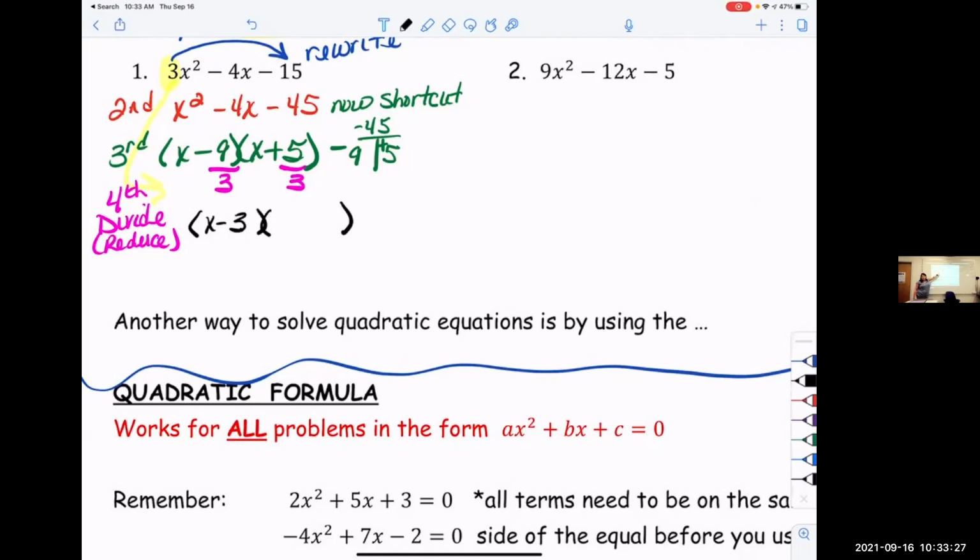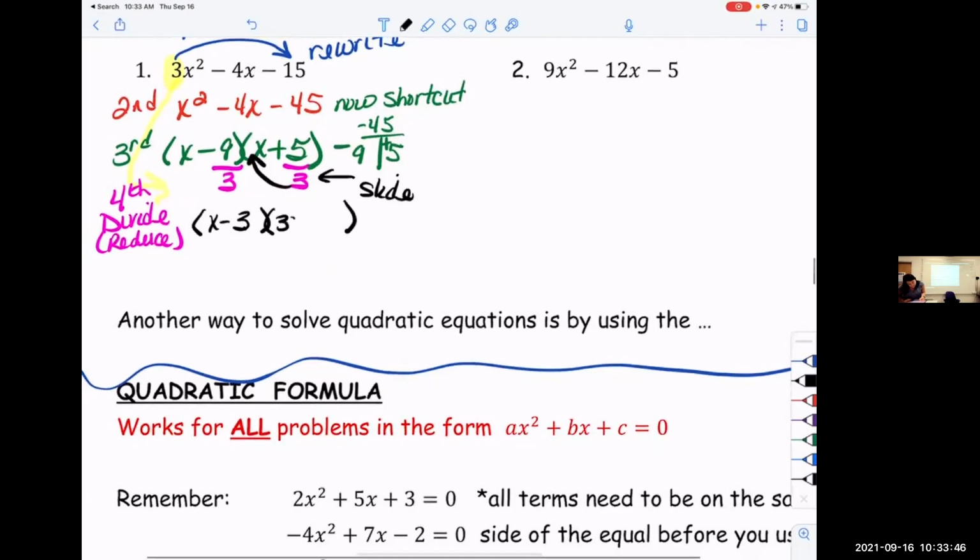Does it reduce? It does nothing. So this is where I have to slide. So when you slide it, it slides right in front of its own x. So if this one still had a denominator, I would slide it in front of its own x. So 3x plus 5. It is factored. You're done.